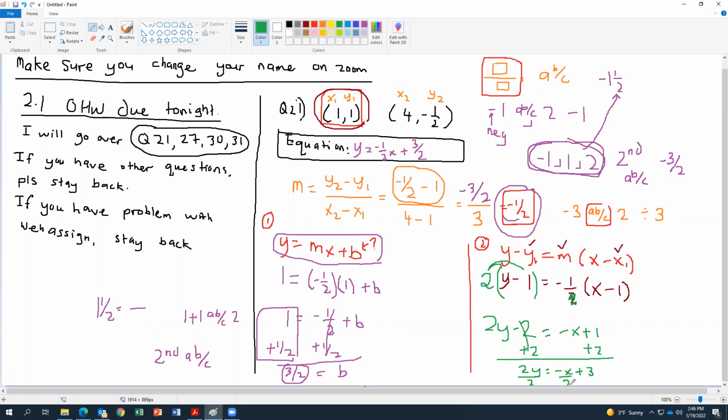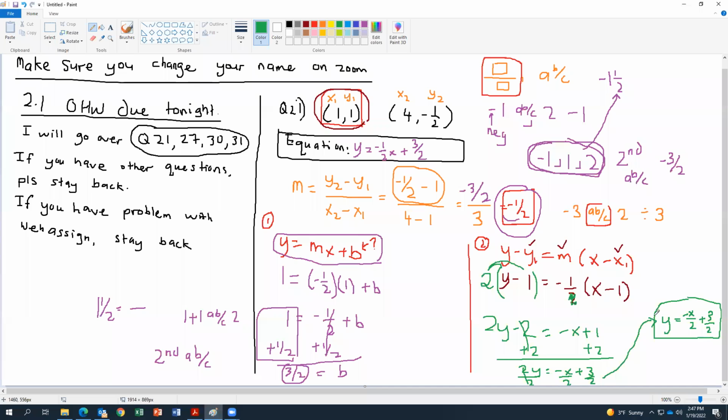Now, when I divide by 2, I divide every single term by 2 here. So your answer in this case is y equals negative x over 2 plus 3 over 2, which is the same as what we just did on the other side, which is y equals negative 1/2 x plus 3/2.